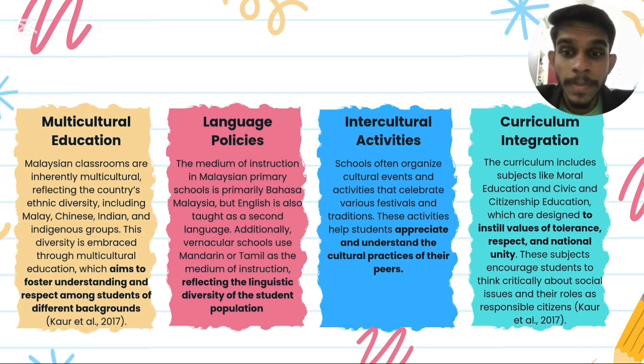In conclusion, these key aspects of multicultural education, language policies, intercultural activities, and curriculum integration help create an inclusive and harmonious learning environment in Malaysian primary schools. They are critical in promoting understanding, tolerance, and national unity in a culturally diverse society.